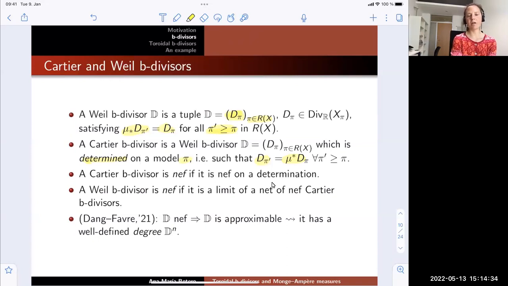And in the weak topology, a sequence or a net of b-divisors converges if in all models they converge coefficient-wise. So these are different. And as you may see already, the space of wild b-divisors is very, very big. So you can, in principle, start with your variety and start blowing things up.